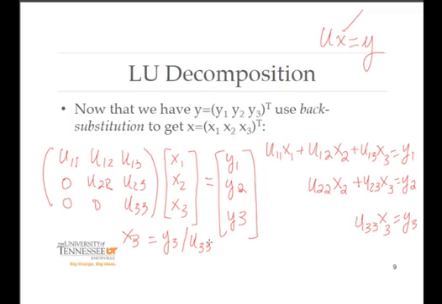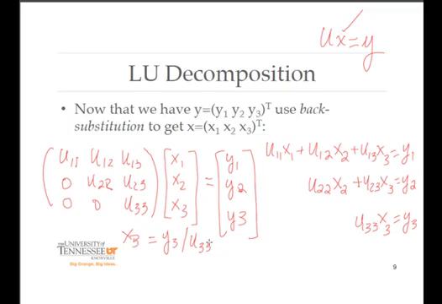And of course, we're assuming that u33 is not 0. If u33 was 0, there's not going to be a unique solution. You would have a singular matrix. If you factored it and that u was 0, then you've got a singular matrix. You're either going to have an infinite number of solutions or no solution at all. In this case, we're not going to worry about that. We're going to assume it's not 0.